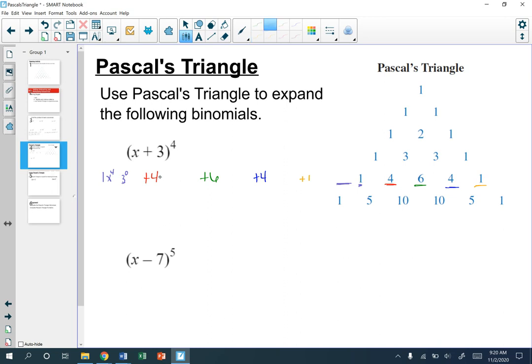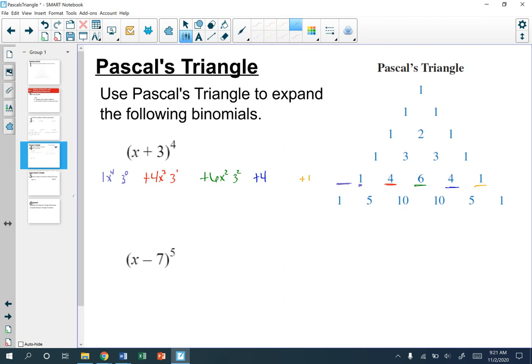Now I would have my x power decrease by 1, so x to the third, and then what do I have to add to that to get to 4? So I would have 3 to the first. Again, decrease my x power by 1, so I have x to the second. My 3, what do I have to add to 2 to get to 4? It's a 2.